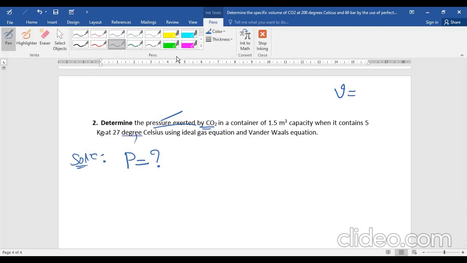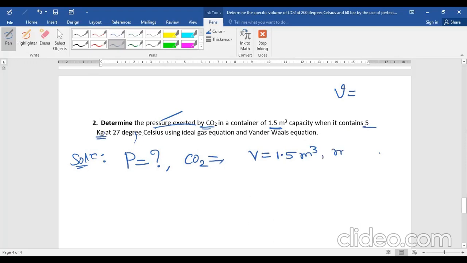Write down, all of you write. Gas is carbon dioxide in a container of 1.5 meter cube. Container volume 1.5 meter cube. Volume is given, when it contains 5 kg of mass.